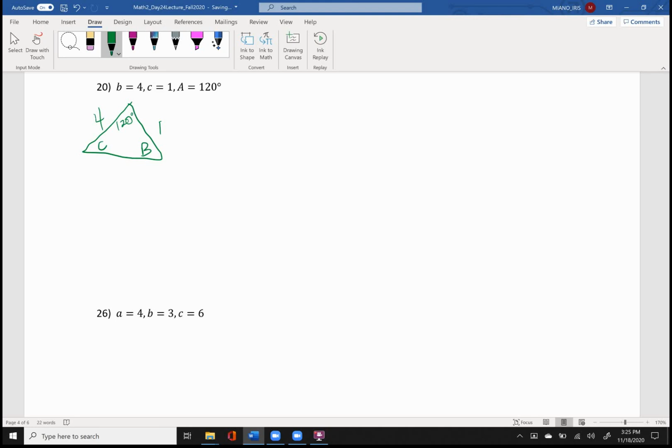Better. Okay, so what do we need to find here? We need to find the appropriate version of the K area formula. So here it'll be 1/2 BC sine of A. Okay, so plug in the numbers. 1/2 times 4 times 1 times the sine of 120 degrees. Cool. So let's cancel out some common factors here.